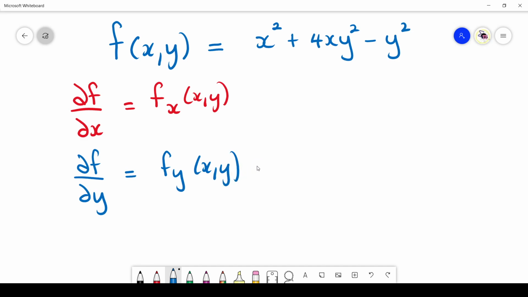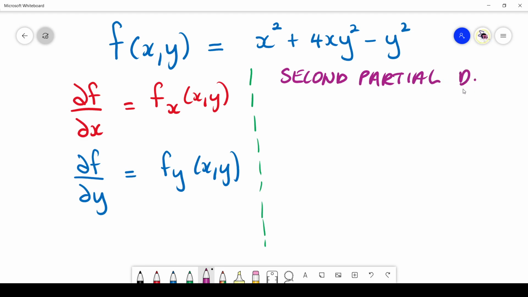Now, by extension, some other things you can actually find are something we would term second partial derivatives. Second partial derivatives are very similar to d2y dx squared type of differentiation.